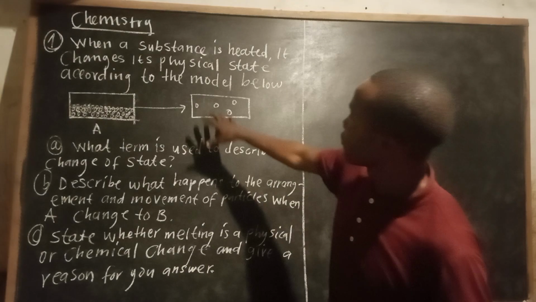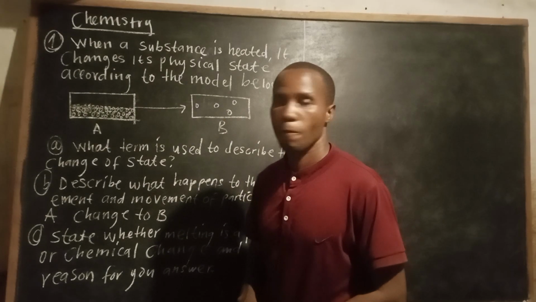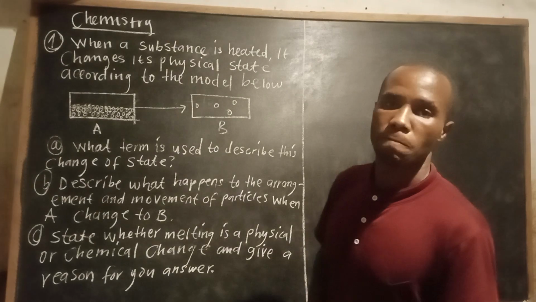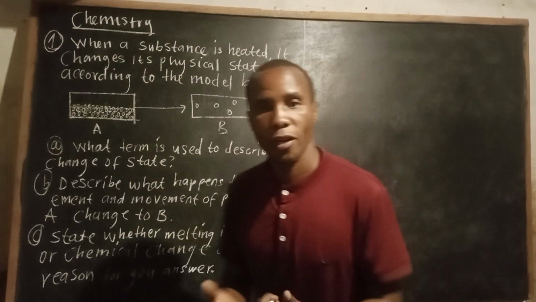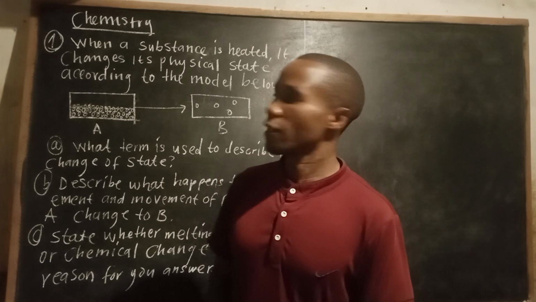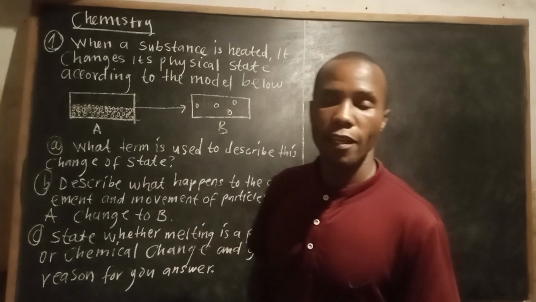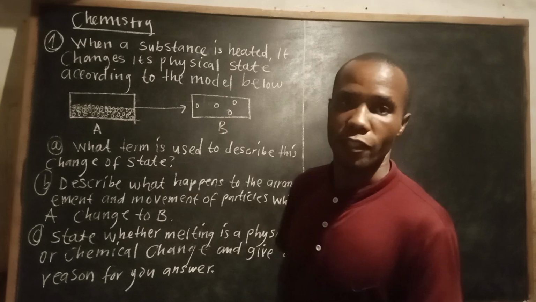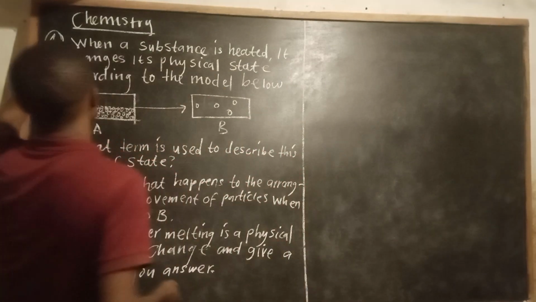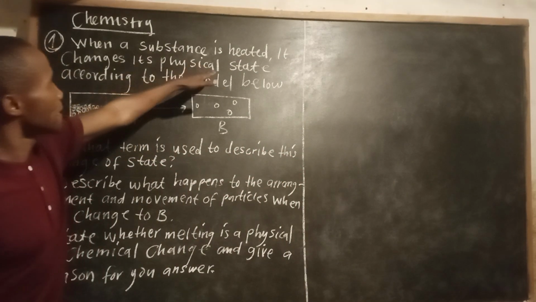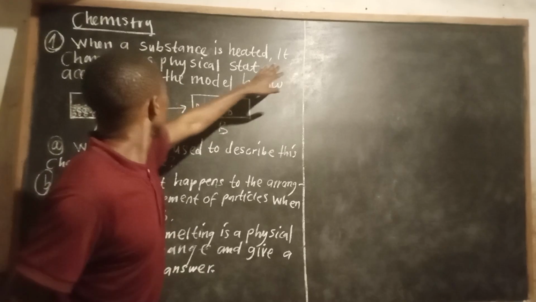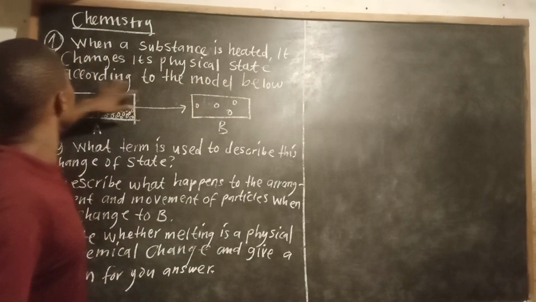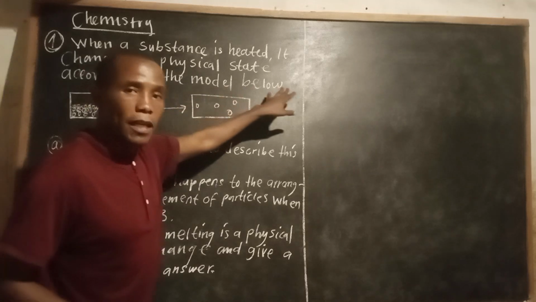Today's lesson, we are going to look at the question that we have on the chalkboard. So first of all, I would like to run you through the same question and see how we are going to come to the solutions. Okay, so when a substance is heated, it changes its physical state according to the model below.